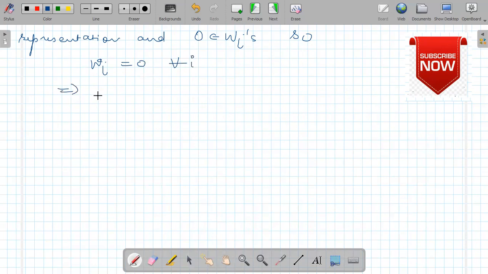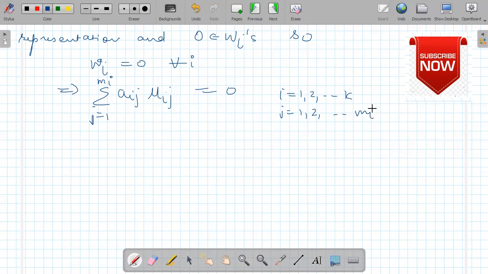Each Wi will be equal to 0 means summation Aij mu ij for j varies from 1 to mi will be equal to 0, for i varies from 1 to k. Okay, and j varies from 1 to mi. But the vectors in the ordered basis gamma i's are linearly independent because they form the ordered basis for Wi.